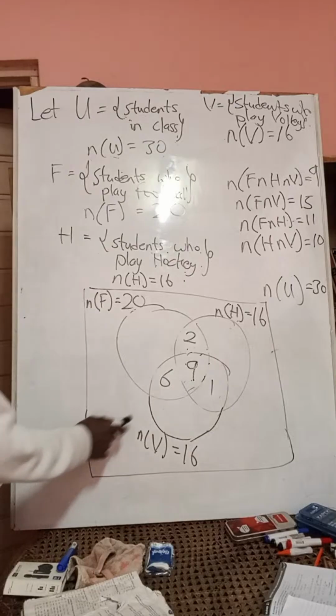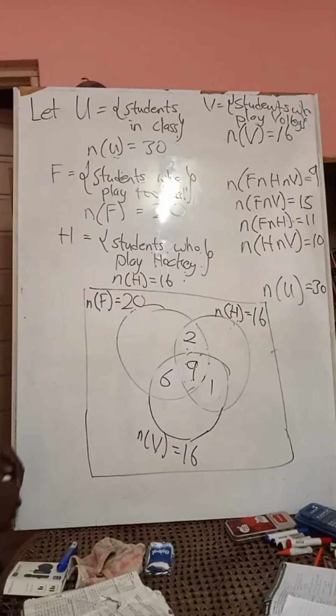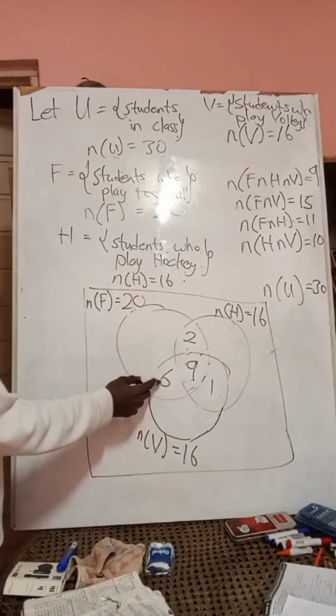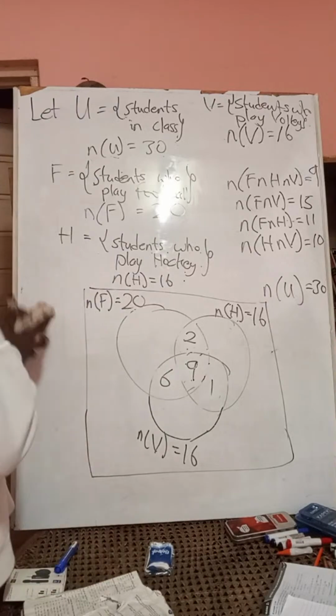So now it will be this region. We are looking for those who took at least 2, right? So it will be this side plus this side plus this side plus this side. Whenever you are solving this, you can say from the diagram, let me clean up here and solve it here.